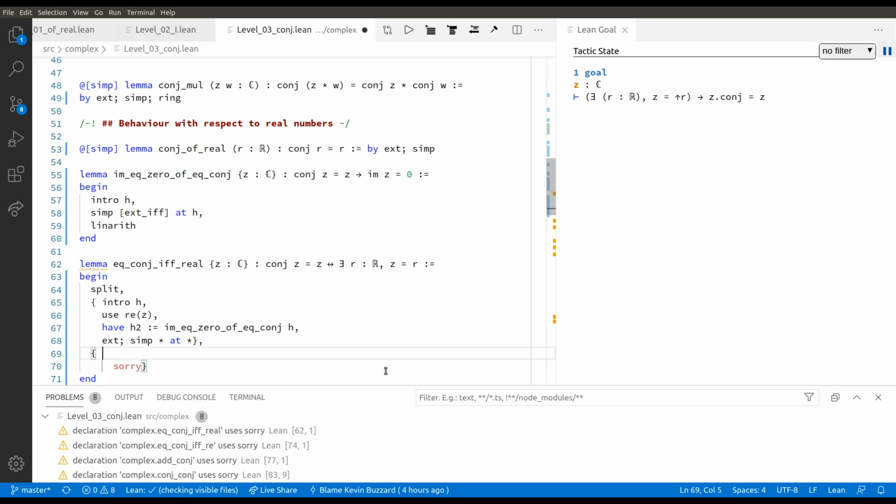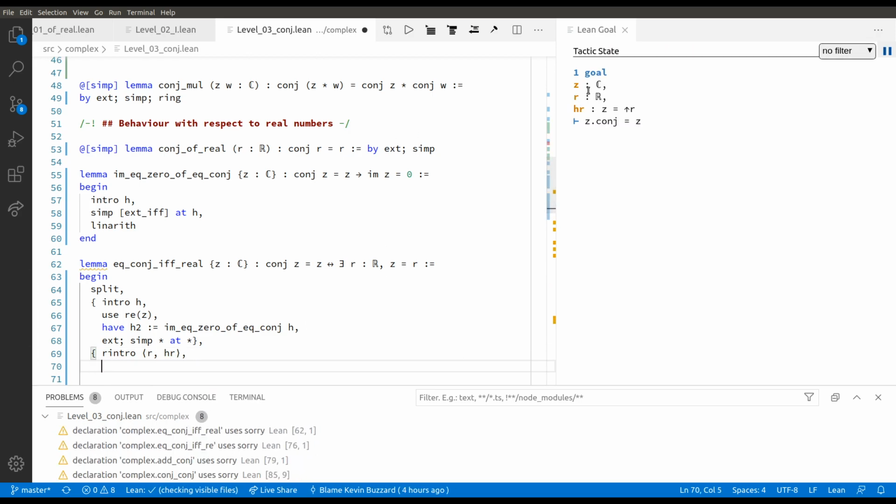What's going on the other way? So if I intro H, what does this say? My hypothesis is that there's a real number such that Z is the complex number equal to that real number. So I can do better than intro, can't I? I can do rintro RHR there.